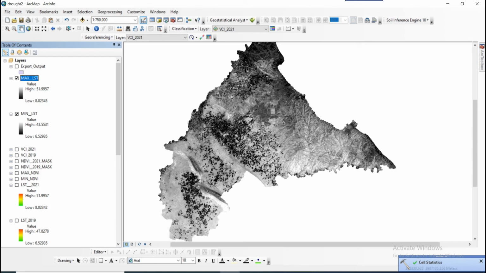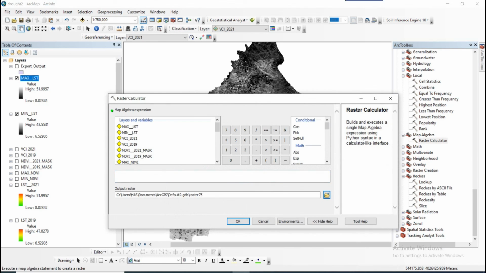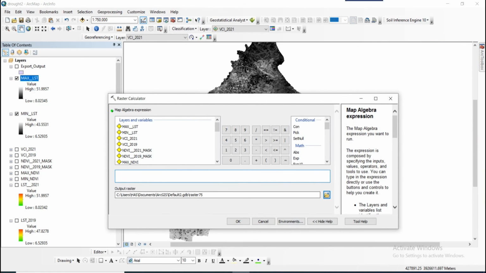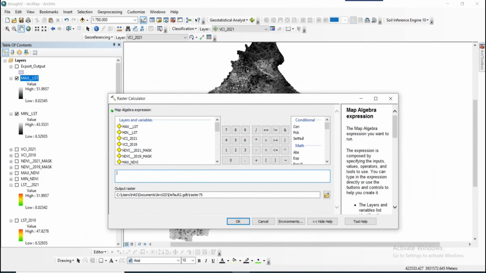And as you notice, we have 2 different layers. One of them represents the maximum and the second one represents the minimum value. So it's ready for calculating the TCI. Depending on this formula, we have LST max minus LST.